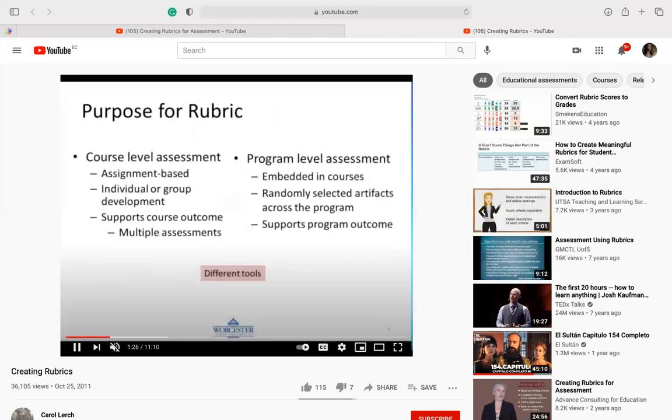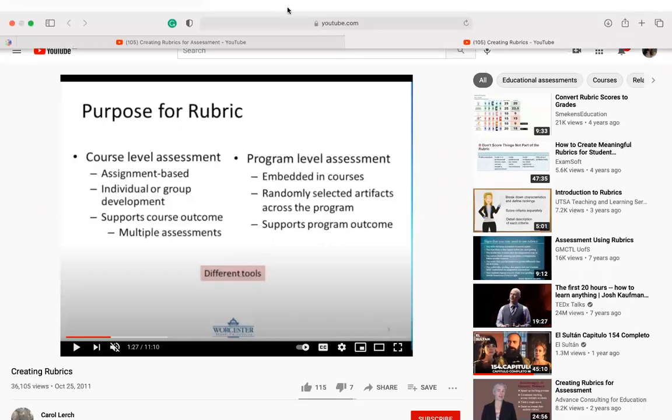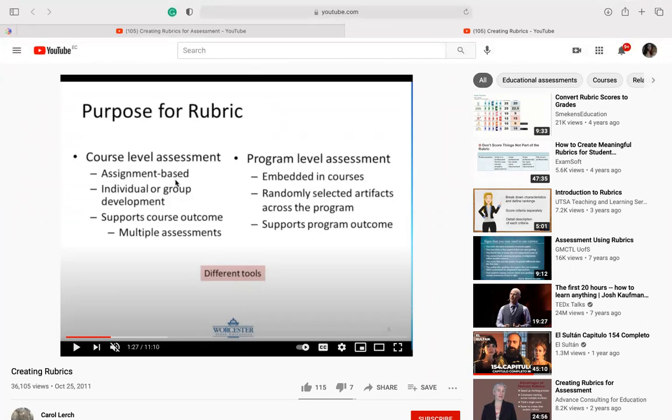Now, the purpose of rubric. What can you say about the purpose of rubric? Anybody, please? The purpose for rubrics. This could be understood at the class level and at the overall program or course level.